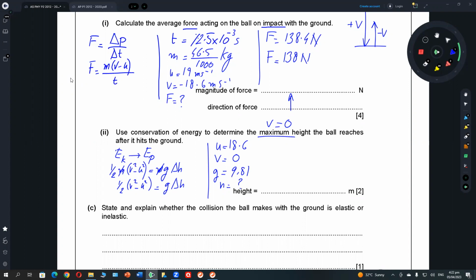Can you repeat? 17 point 0.6. It looks fine. Even though the ball appears to go quite high, it's okay, looks good. State and explain whether the collision the ball makes with the ground is elastic or inelastic.